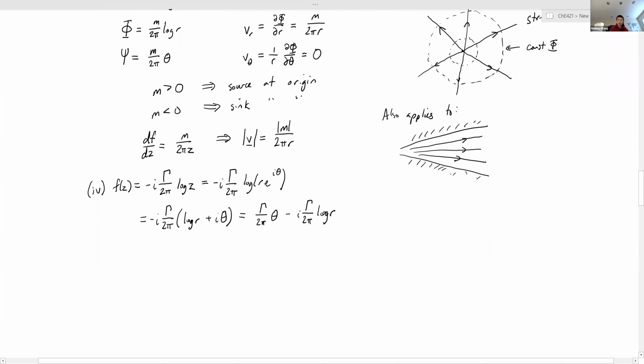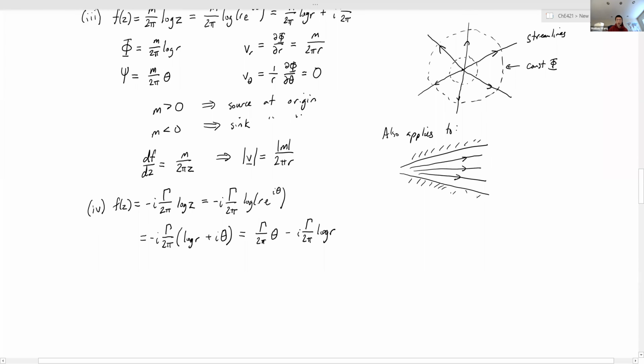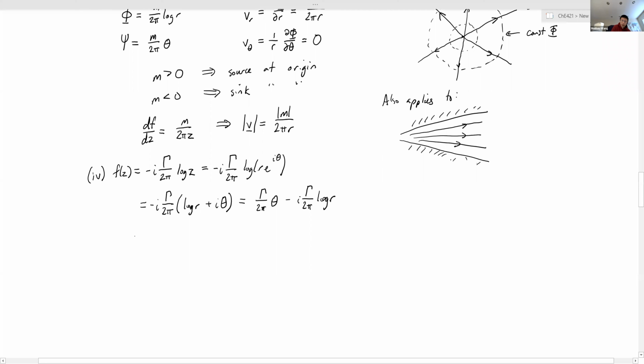And so this looks kind of similar to before, although you could think about it as if the potential and the stream functions were switched now, okay? Because what we have is the potential function is, again, the real component, okay? And the real component here is gamma over 2 pi times theta.